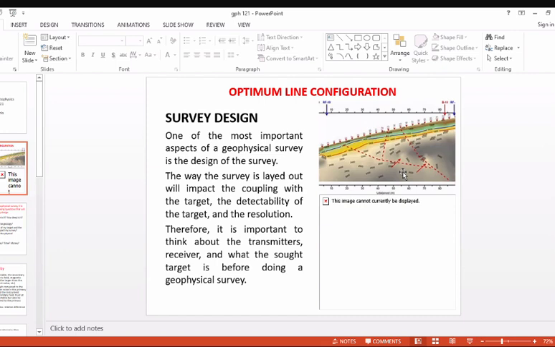For instance, a pipe is buried in the subsurface, and that pipe in diameter is not more than maybe 3 meters or 30 meters. That is the size of the pipe. If the pipe is 30 meters and buried in the subsurface, and we want to map it, for instance, a filling station.